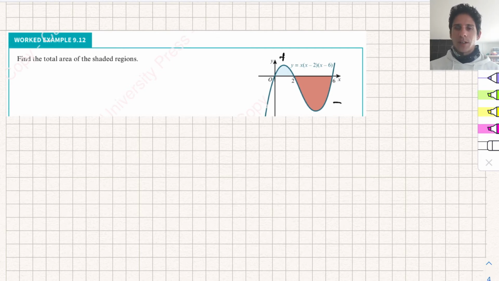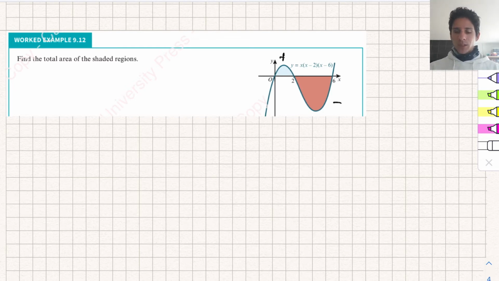bottom. Now, if I take the integral between 0 and 6, and you can do the maths for yourself, it's going to give you the combined area of those two areas. In other words, it's going to take the positive area and subtract the negative area, and as you can see, the negative area is smaller, so you're going to get quite a large negative area, right?